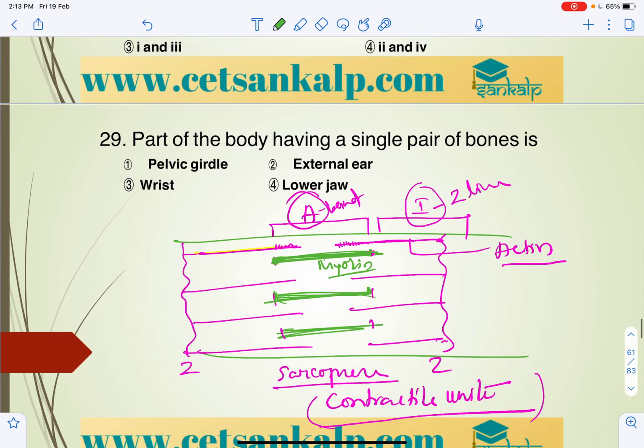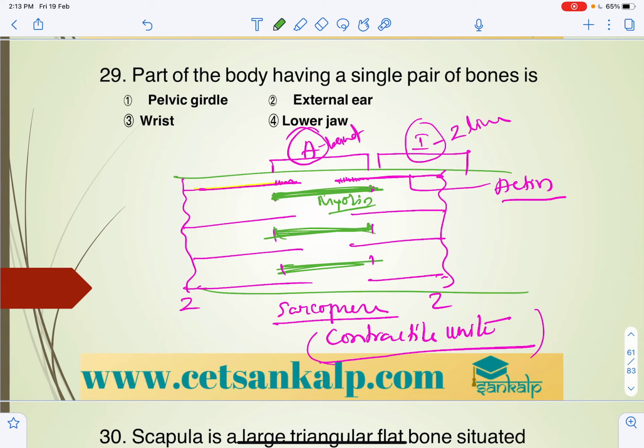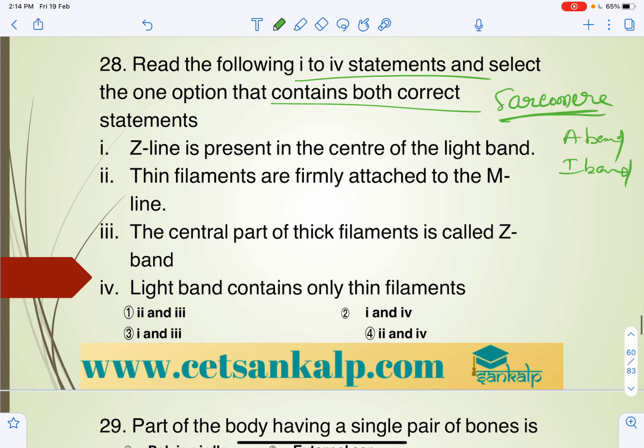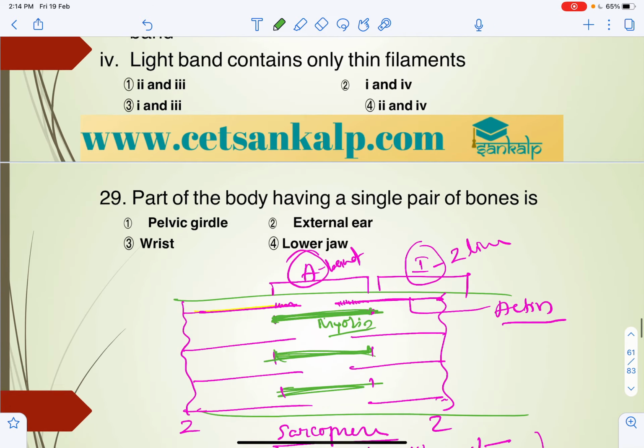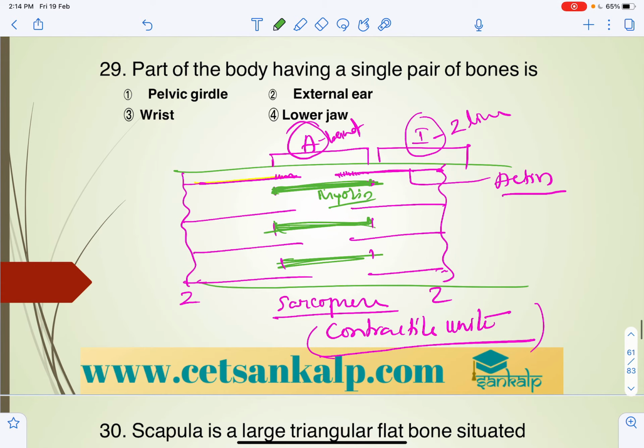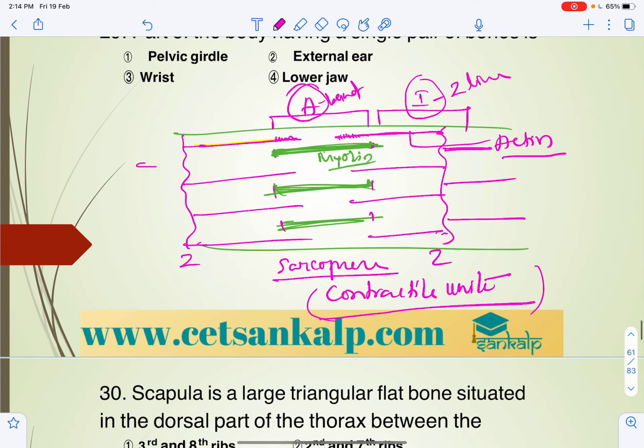So this is what sarcomere is. So Z line present in the center of the light band. So here you can say this is the continuation of the next band, so that is present in the center. So we can consider that as the correct one.